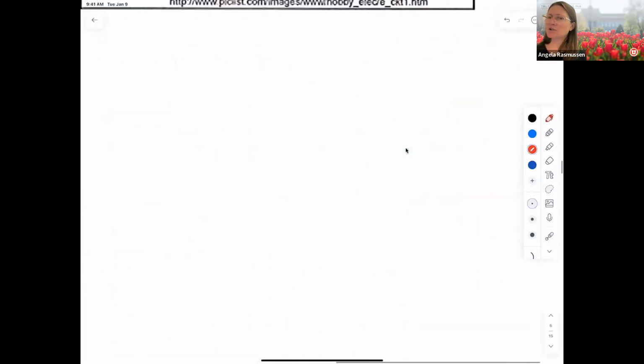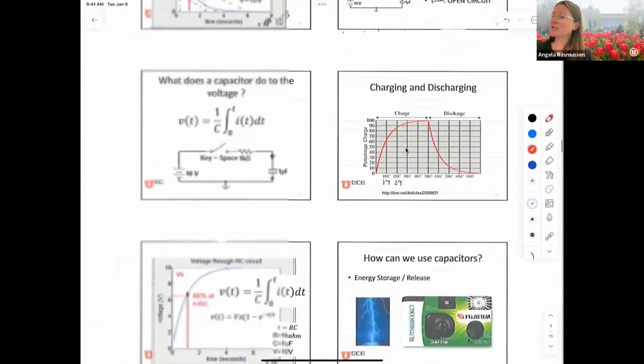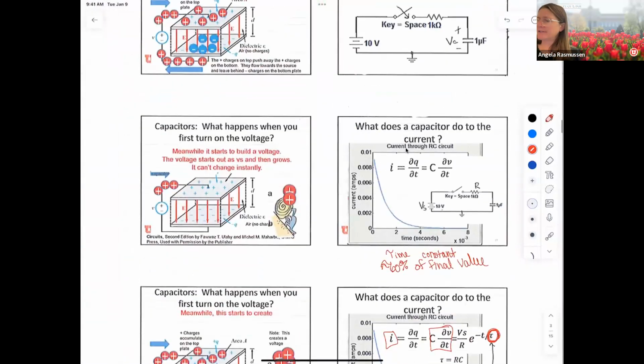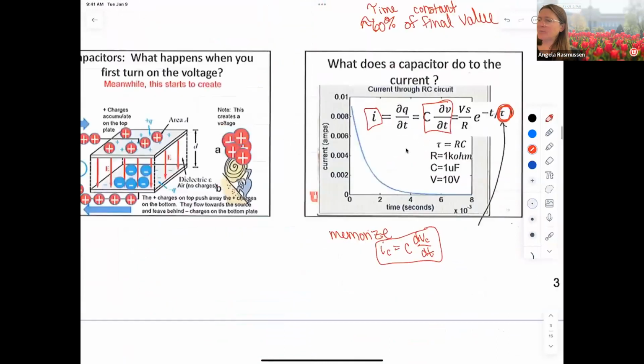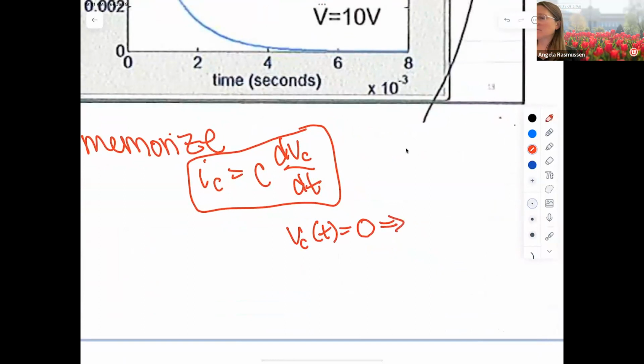Going back to the capacitor equation, same thing here. If it's sat for a long time, I have no more change in the voltage. So once that change goes to 0, I_C goes to 0, and that one looks like an open.